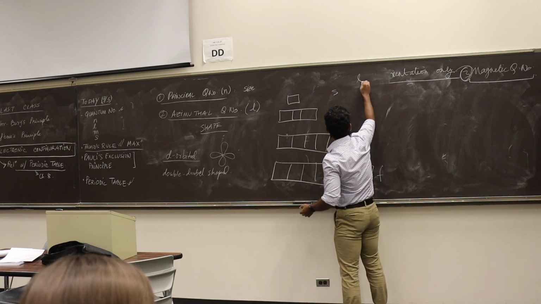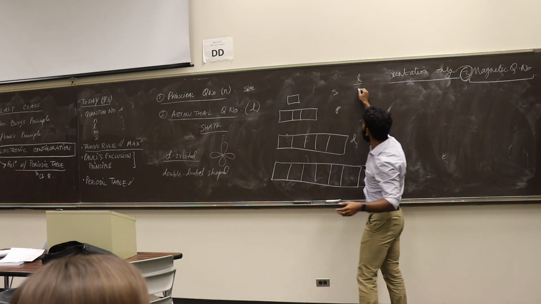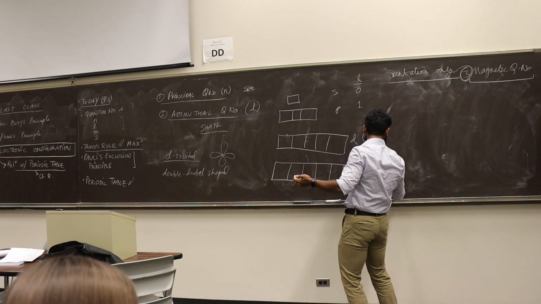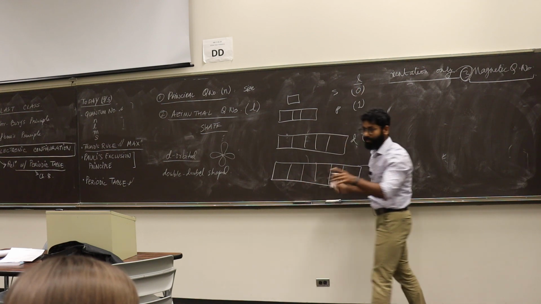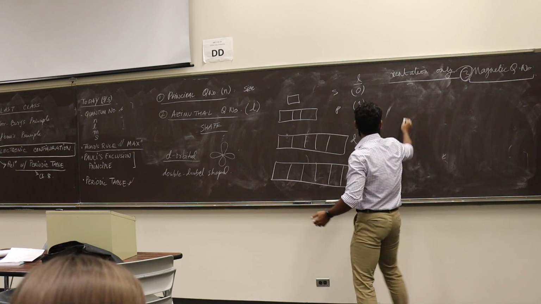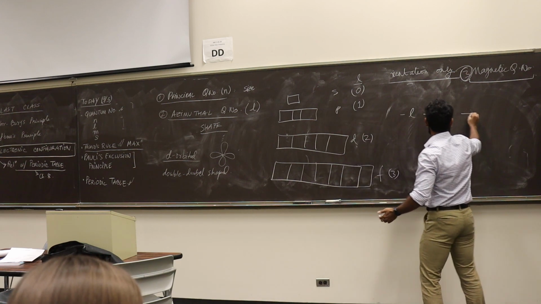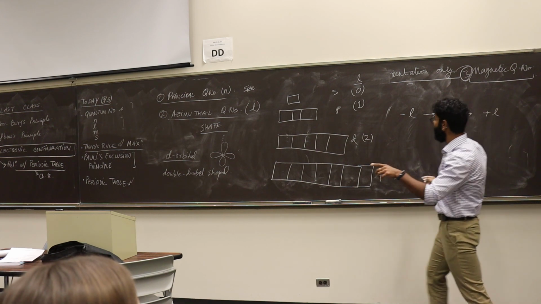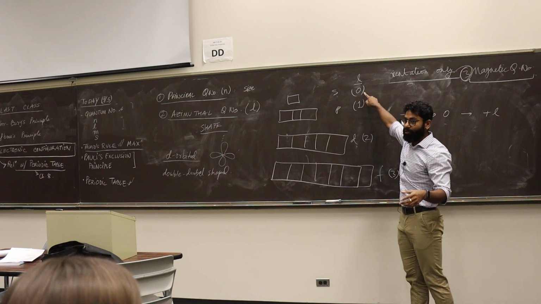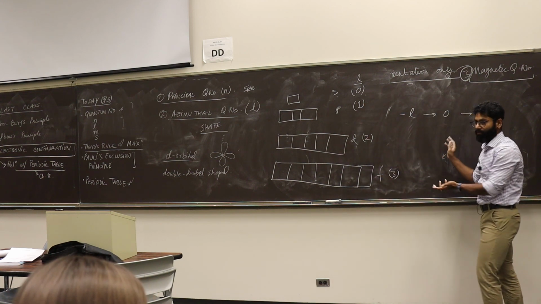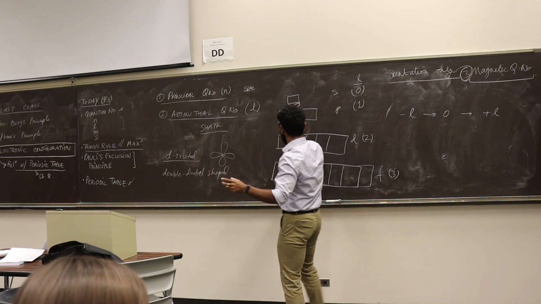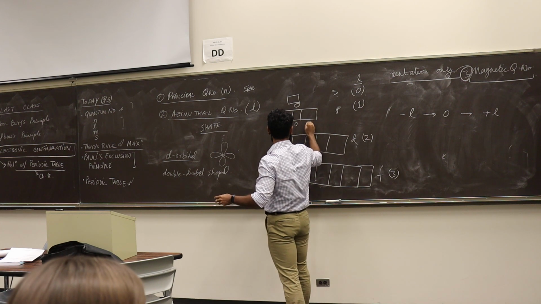Now, the L for S can go, right? And the M's, the magnetic quantum number, go from minus L to 0 to plus L. That means for S, what is the L? 0. So the M can only be 0 because there's only 1 orientation. So this becomes a 0. For P, the magnetic quantum number becomes minus 1, 0, and plus 1.